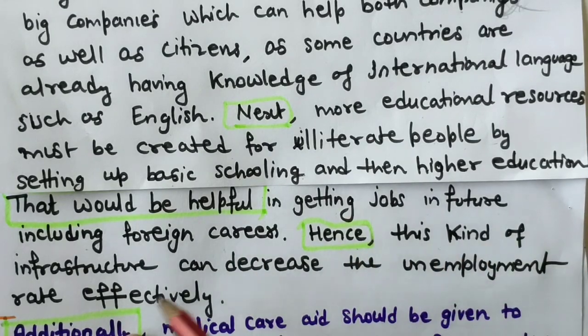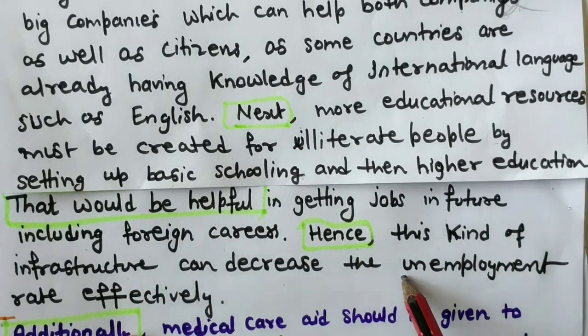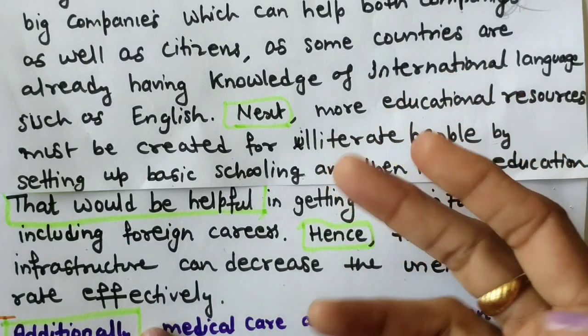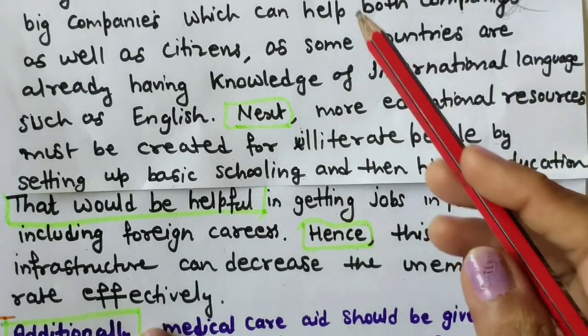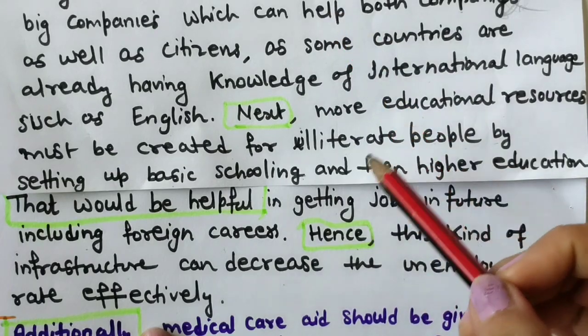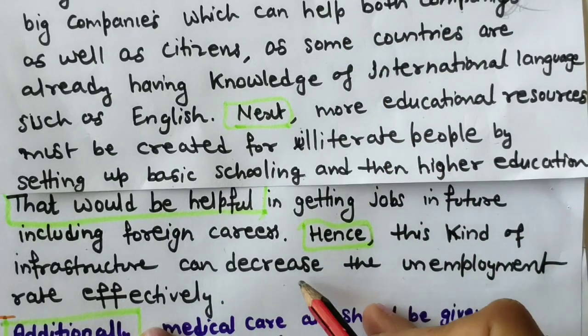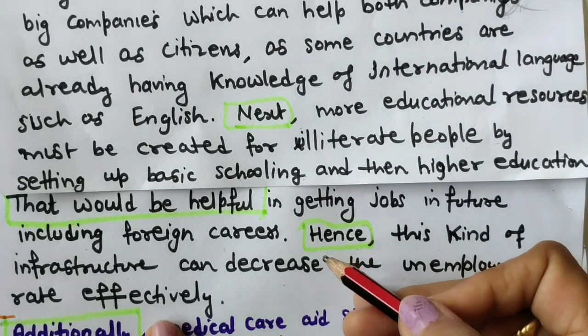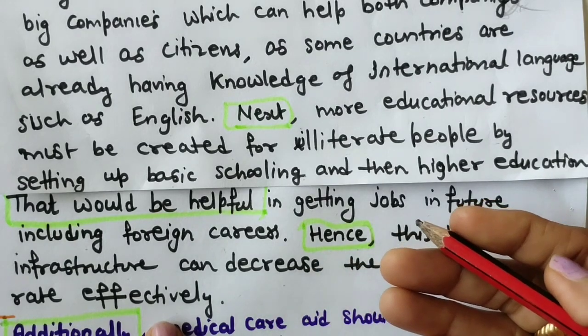Hence, this kind of infrastructure can decrease the unemployment rate effectively. First 2 points I have explained. First, education and setting up of industries here, that can decrease the unemployment rate effectively, which in turn will remove poverty from the country.